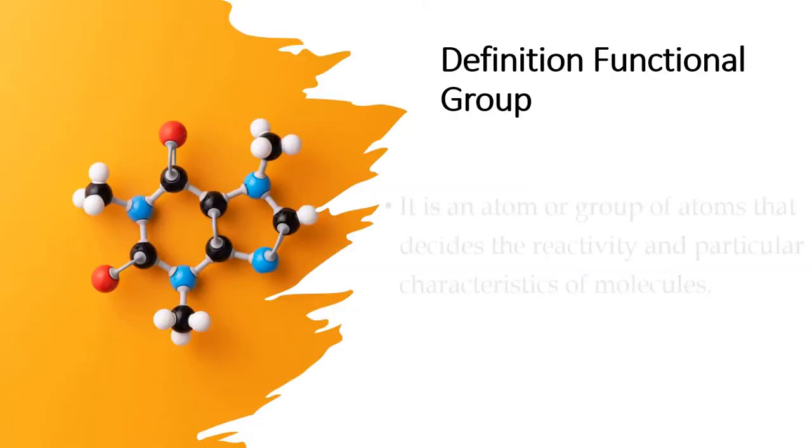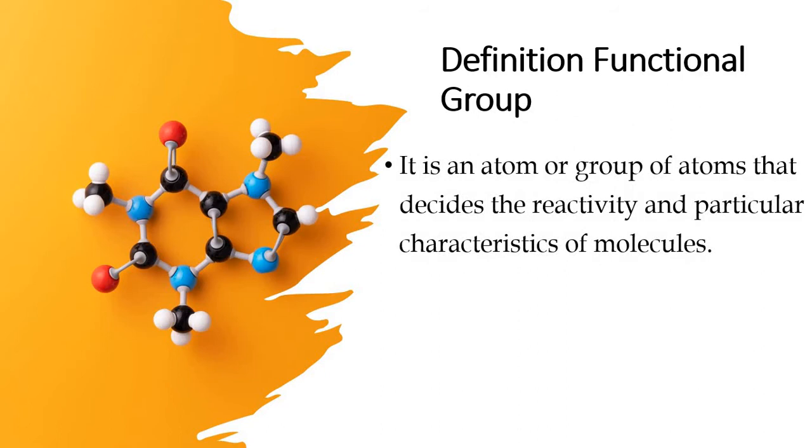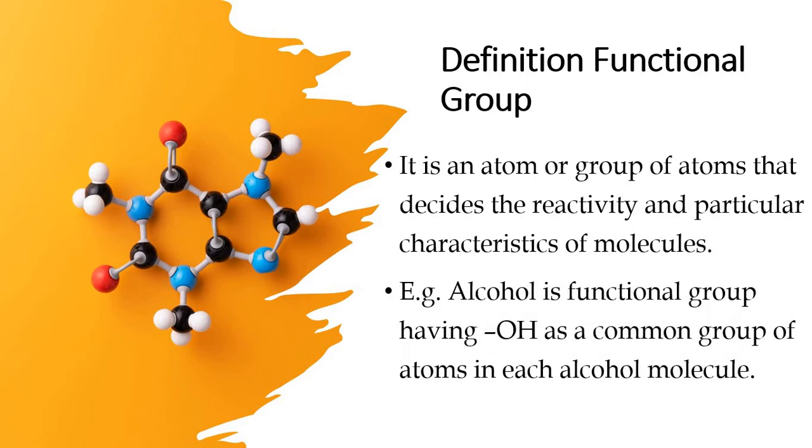What is a functional group? It is nothing but the atom or group of atoms that decides the reactivity and particular characteristics of molecules. For example, alcohol has OH as a common group, that is called a functional group.